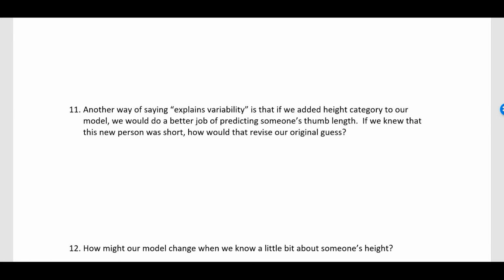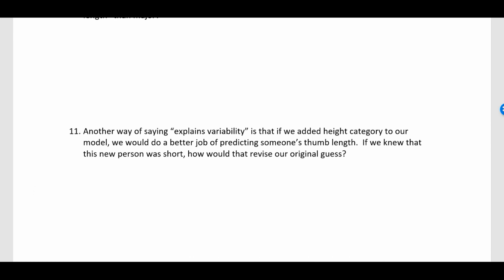Another way of saying explains variability, and again I think I already answered this, is that if we added height category to our model, it might be not just the sample mean and the standard deviation, but also whether they are short or tall.